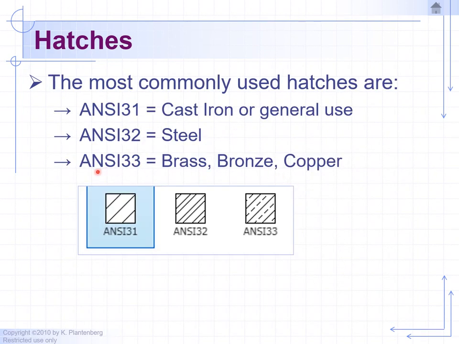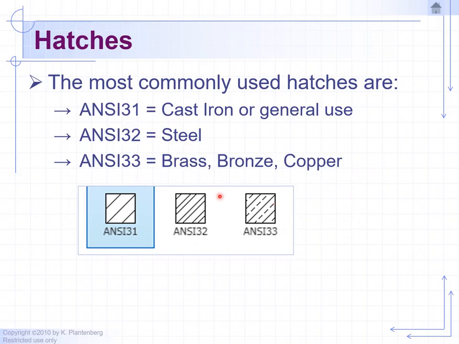And once again, these are the most common patterns you'll see in aerospace, manufacturing, automotive, mechanical drafting. So even though ANSI 31 is dedicated to iron, and ANSI 32 standard is dedicated to steel, and ANSI 33 standard represents brass, bronze, or copper, I've seen it mixed.